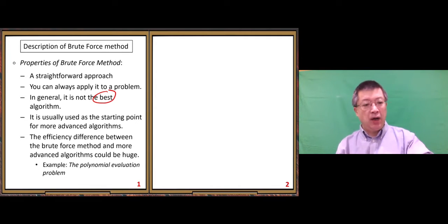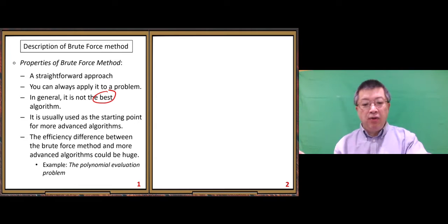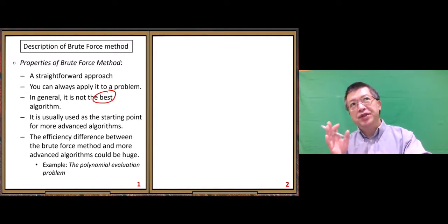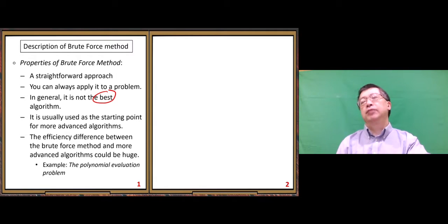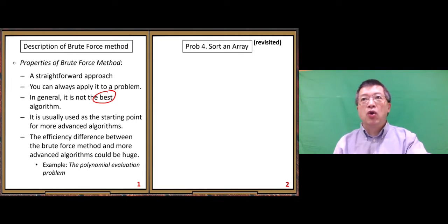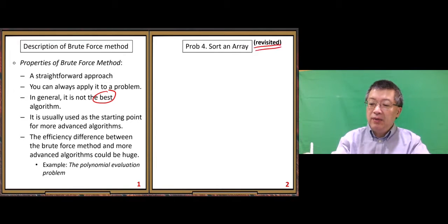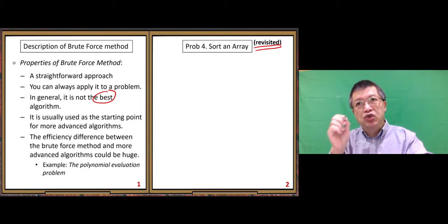All right. So after this simple description, next we would like to use it to solve a problem. The problem is an old one, sort an array. So we revisit it. Remember, we used selection sort to solve this problem before.